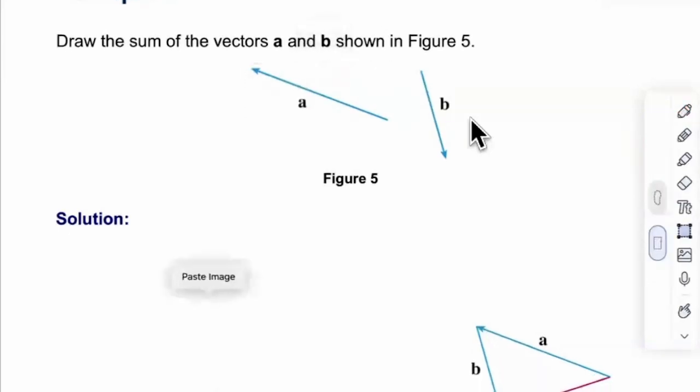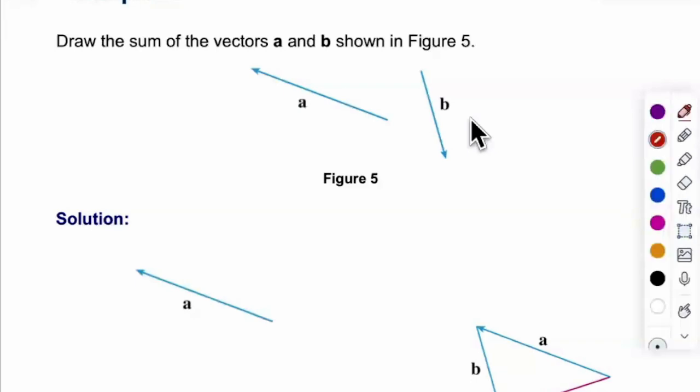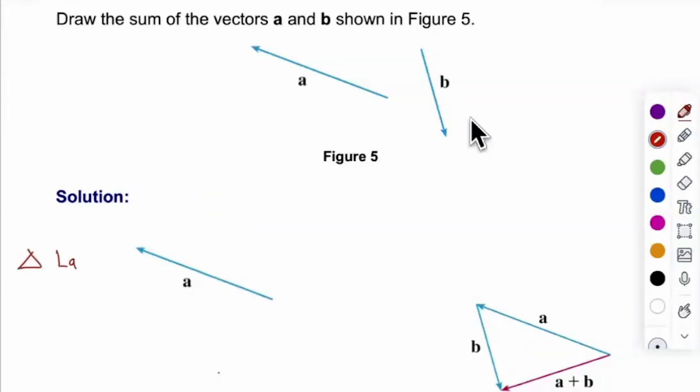I'm going to copy the vector A here, and then I'm going to copy this vector B. Let's try two different ways. The first way, I'm going to use the triangle law.